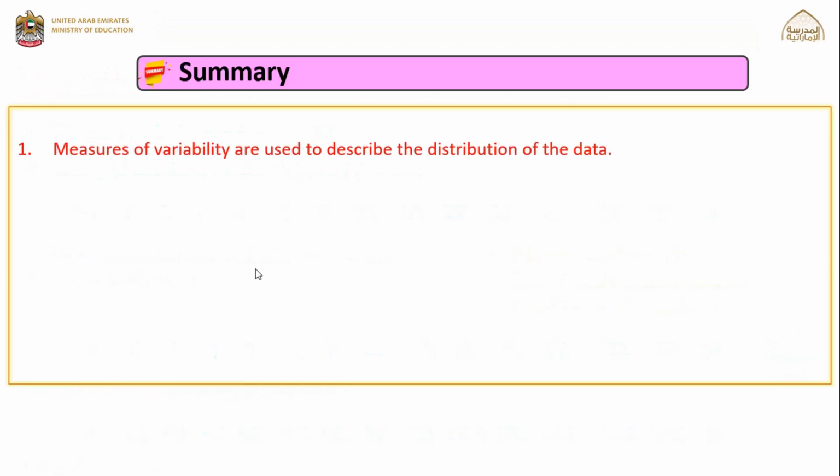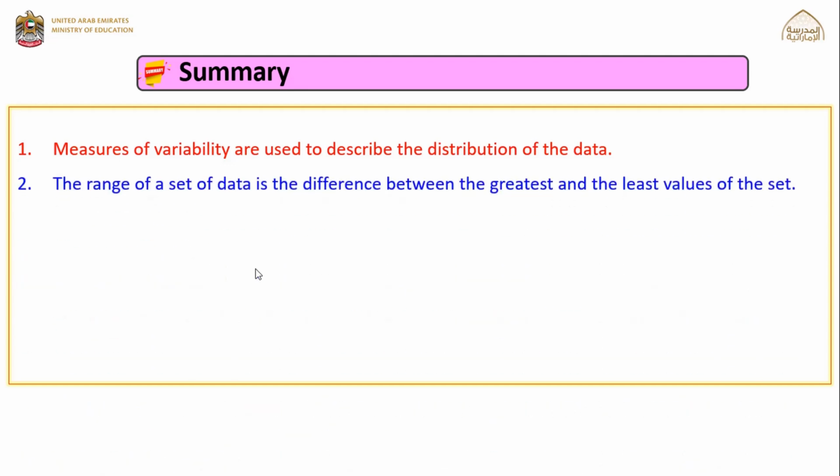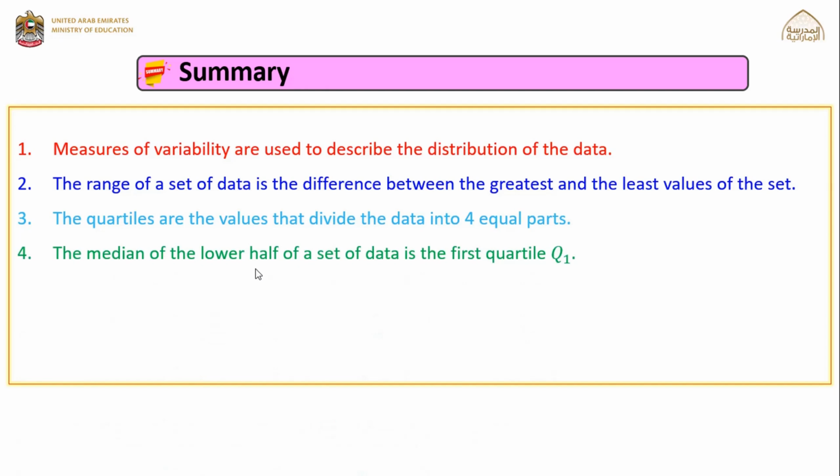We learned today that measures of variability are used to describe the distribution of the data. The range of a set of data is the difference between the greatest and the least values of the set. The quartiles are the values that divide the data into 4 equal parts. The median of the lower half of a set of data is the first quartile, or Q1.